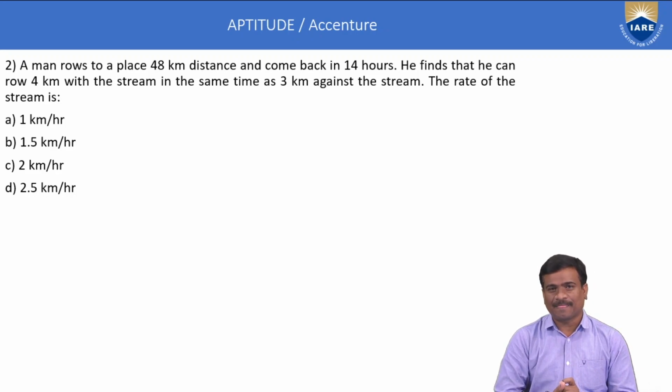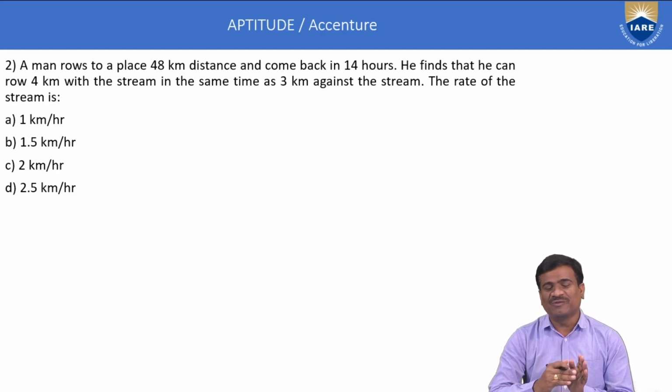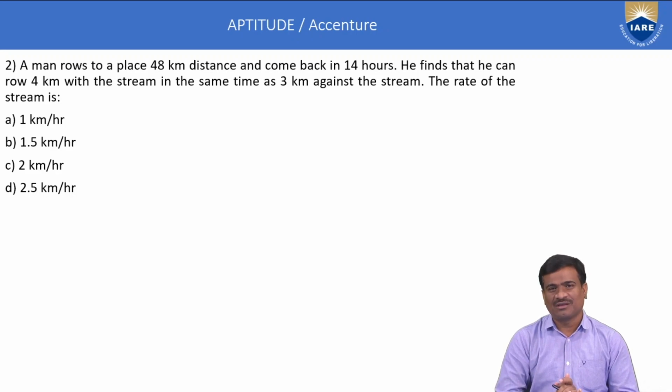Downstream method: when the boat and stream are moving in the same direction, it is called downstream. Similarly, when the boat and stream are moving in opposite directions, it is called upstream.